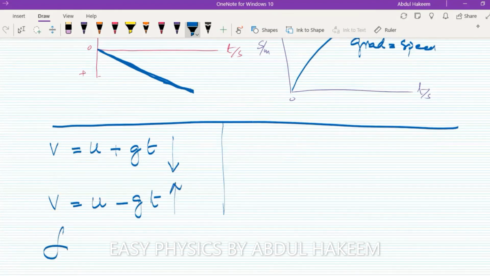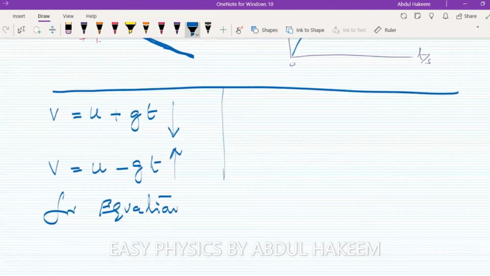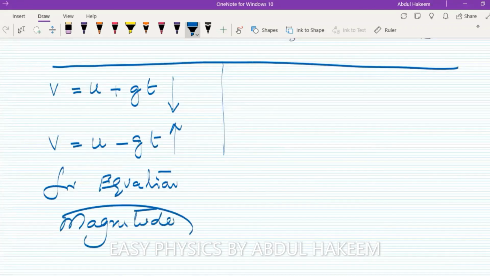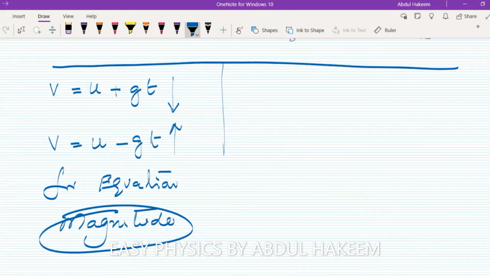This is the concept for the equation, because from the equation, we are calculating only the magnitude, not the direction. For the downward motion, the magnitude of the speed increases, so it is plus g. For upward, the magnitude decreases, so it's minus g.